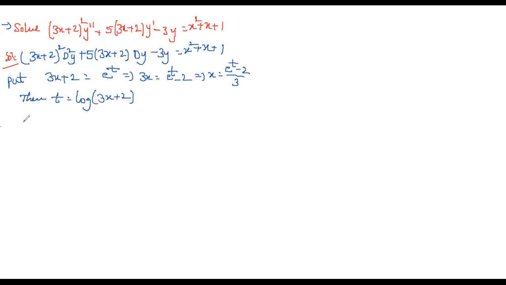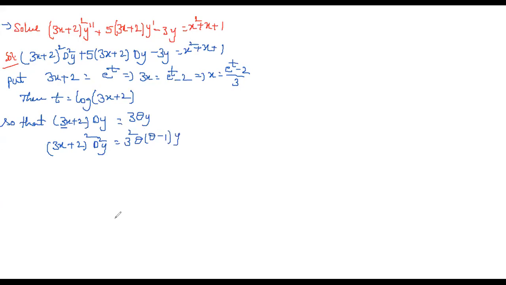So simply we can take 3x plus 2 into dy equals, here the coefficient of x is 3, so 3 theta y. And next 3x plus 2 whole square d square y is 3 square theta into theta minus 1 into y. You can substitute all these things in equation 1.